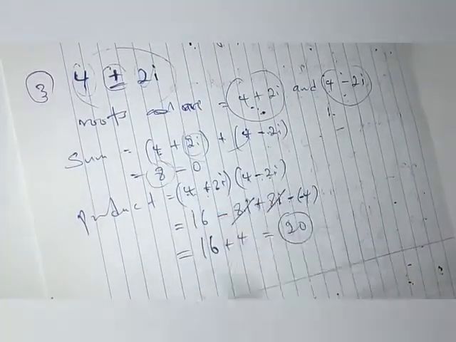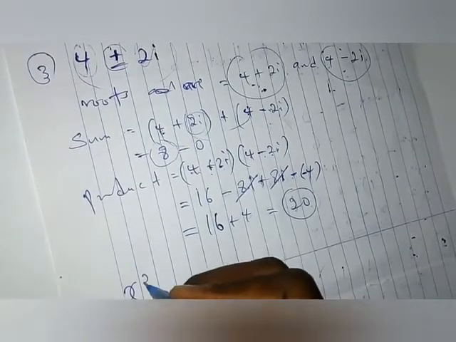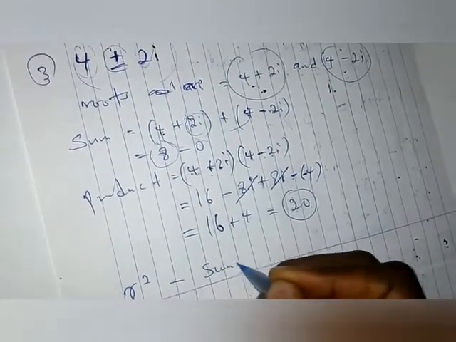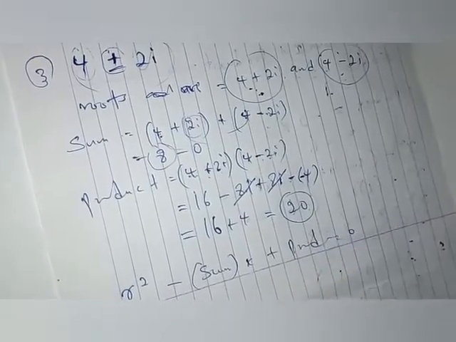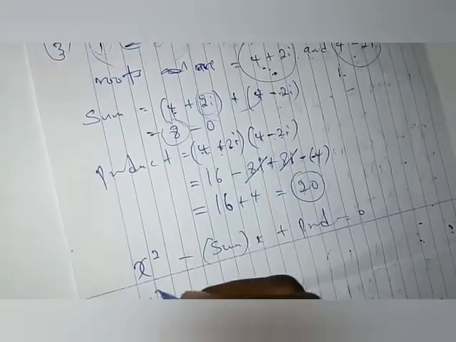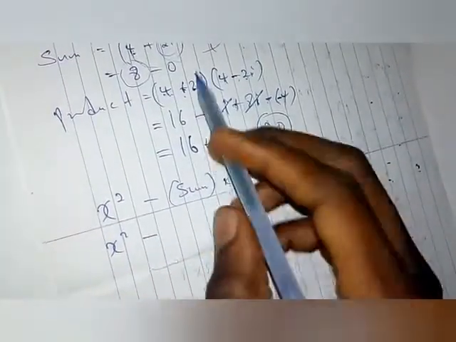So this is your sum and this is your product. Just put it in the formula: x squared minus sum x plus product equals 0.